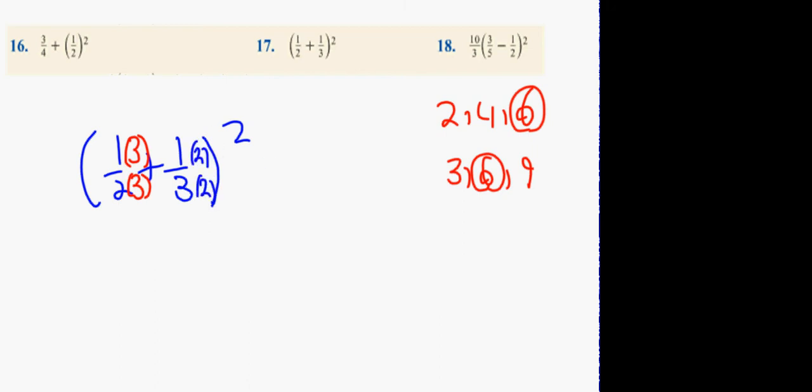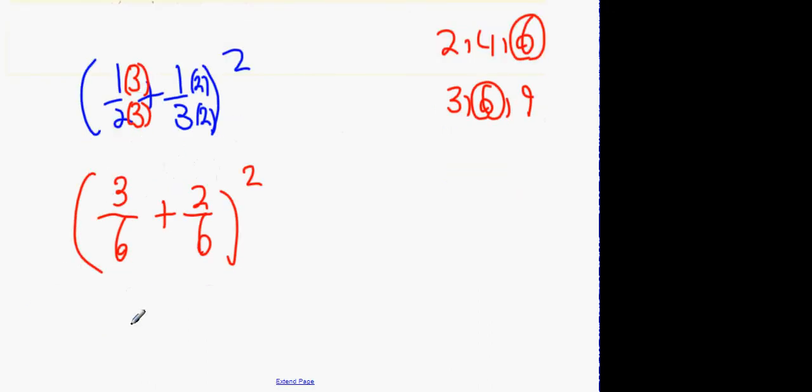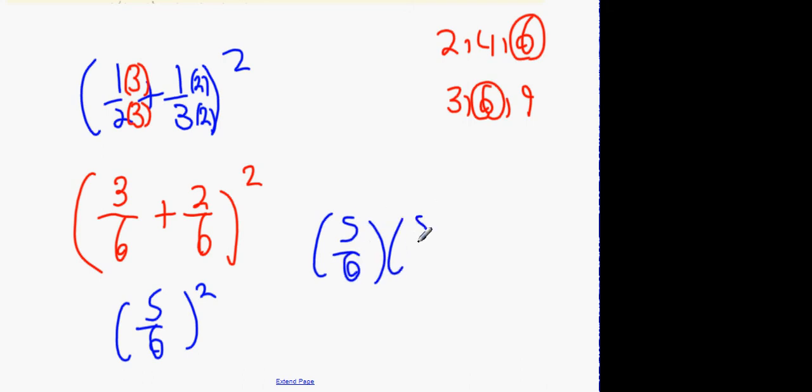Now, 1 by 3 is 3, 2 by 3 is 6, 1 by 2 is 2, 3 by 2 is 6. What do you do now, Harry? 3 plus 2 is 5 over 6. 5 over 6 squared, which is 5 over 6 times 5 over 6. And what do you get? 25 over 36. Thank you.